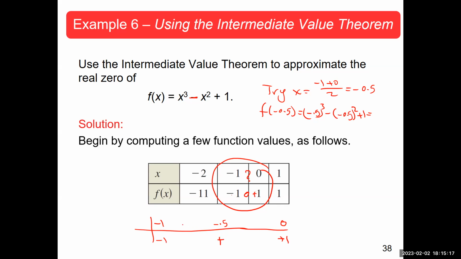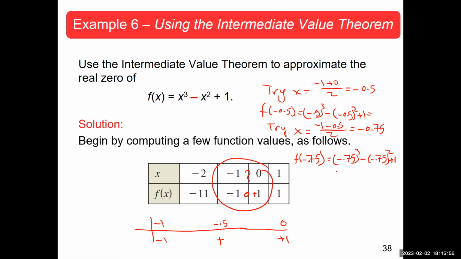Then I'm going to try x equal negative 1 minus 1/2 divided by 2. That's giving me negative 0.75. Now we say f of negative 0.75 equals negative 0.75 cubed plus negative 0.75 squared plus 1. Oh, this is negative here. I made a mistake.